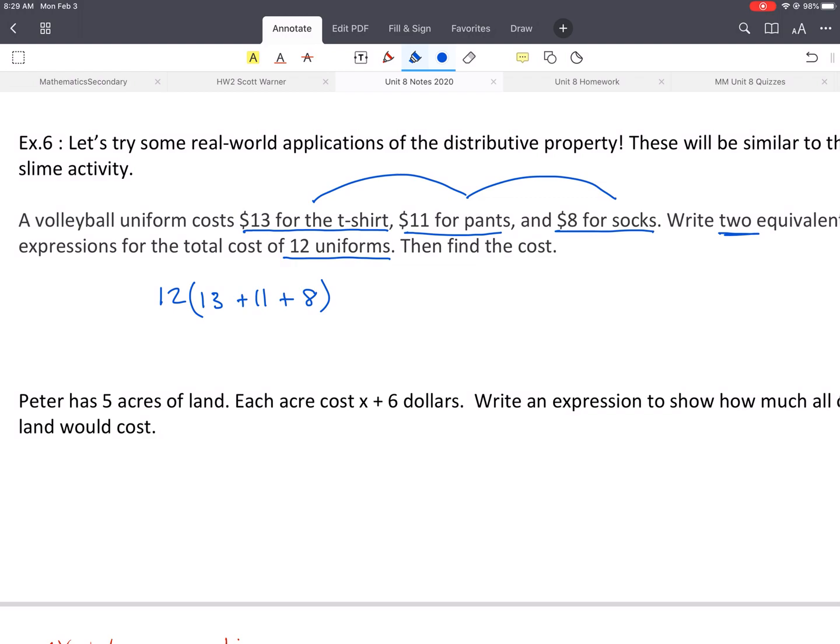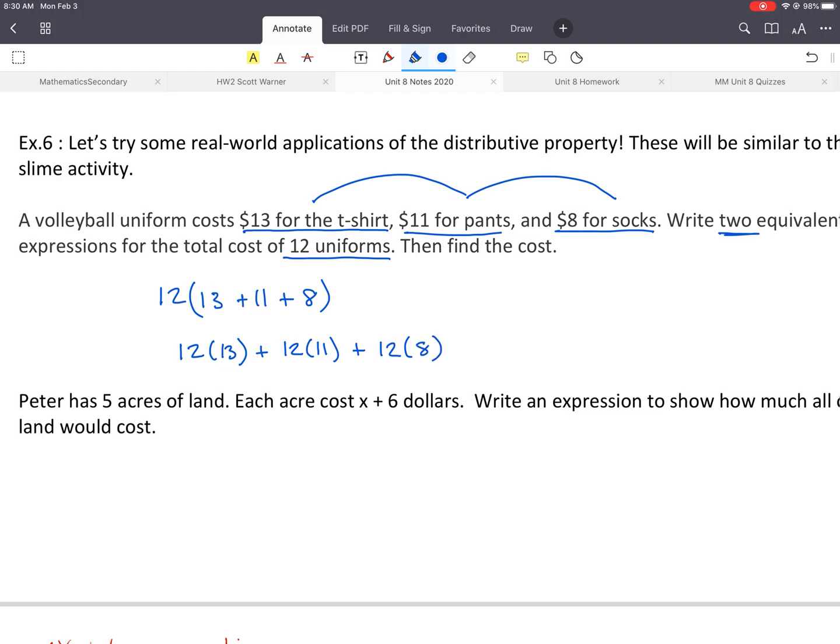So another way is we could figure out how much it costs for all the t-shirts. So 12 times 13, that would give us the cost for all the t-shirts. And then we could figure out the cost for all of the pants. And then we could add up the cost for all of the socks.